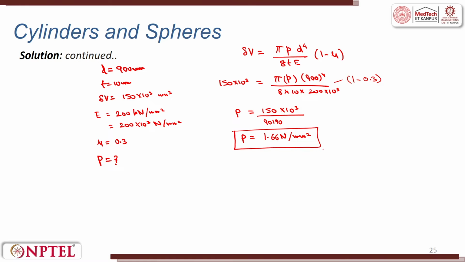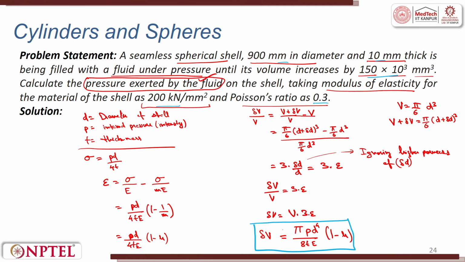So, this was solved depending upon the values which were given: Poisson's ratio, modulus of elasticity, diameter, thickness, change in volume. So, this change in volume relation was derived from the circumferential stress, the longitudinal stress and the strain for spheres. So, these were certain problems on cylinders and spheres.